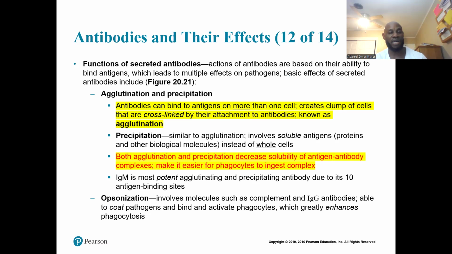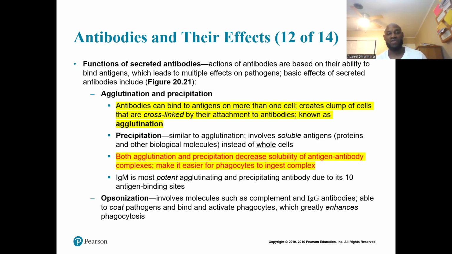An antibody binds to an antigen on more than one cell, binding multiple antigens on multiple cells. Those cells create a big, nice clump, cross-linked by their antibodies, and we have agglutination.